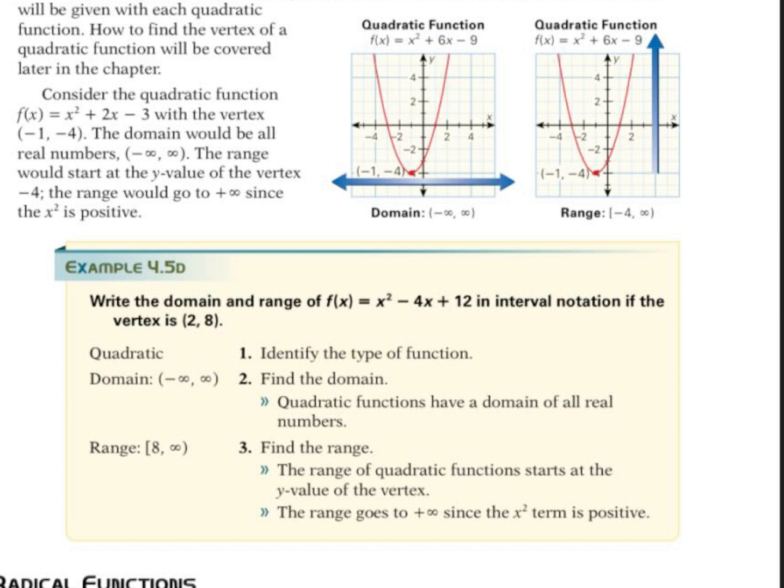We're not considering that for domain. Domain is all of the possible X values. Now, for the range, the lowest possible point we have is going to be lowest or highest, depending, but it's our vertex, right?